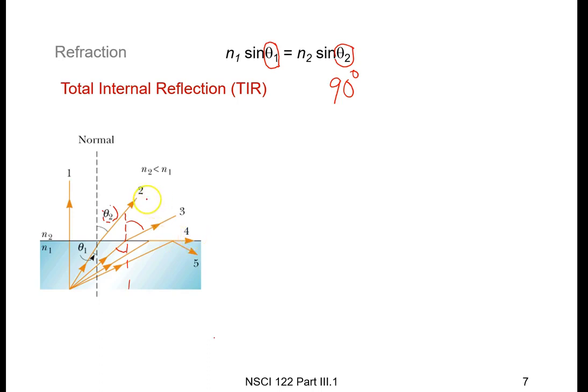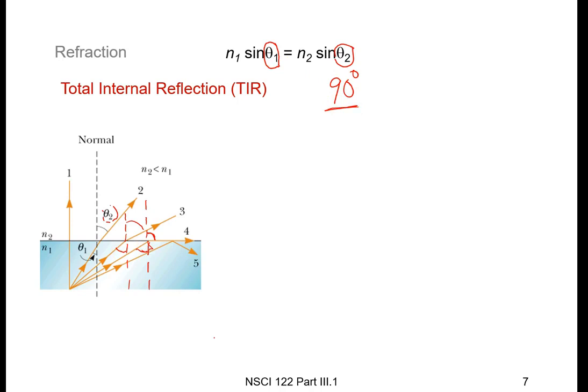For ray 4, if I were to draw the surface normal, it would look like that. See, this angle right here, theta 2 for ray 4, is predicted to be 90 degrees. Now, that angle of incidence for ray 4 predicts 90 degrees for theta 2.